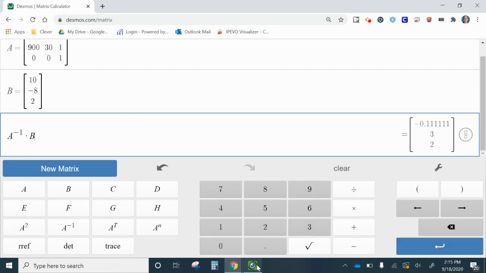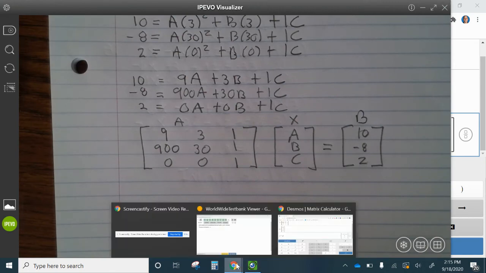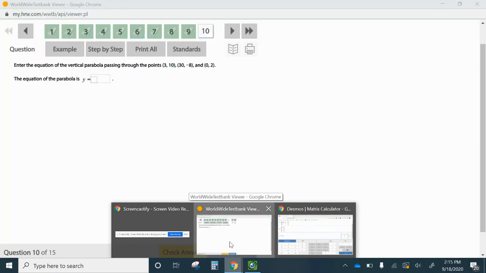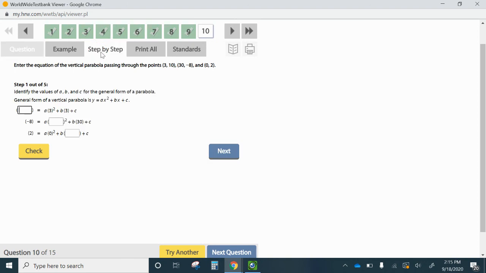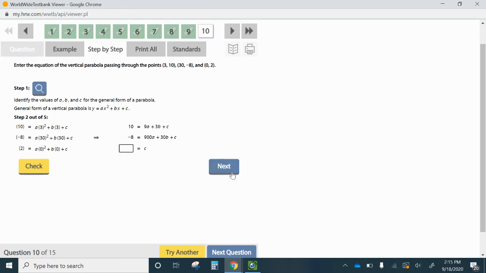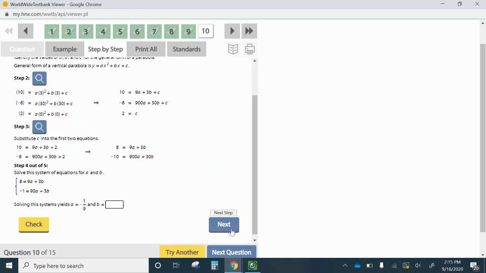And so they get negative 1/9, 3, 2, which if we look at Desmos, negative 0.111 is negative 1/9, 3, 2. And if you want, I'll scroll this and you can kind of watch the steps. It's what I've done, it's just written a little differently.